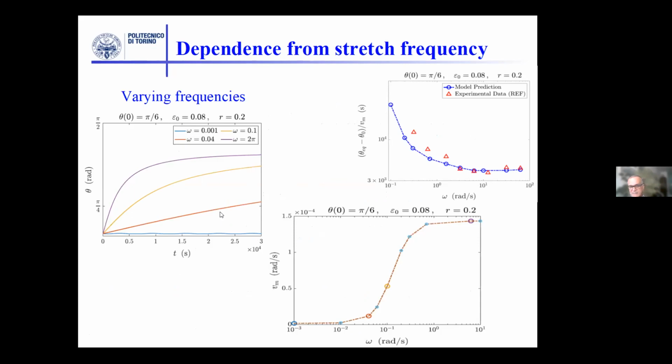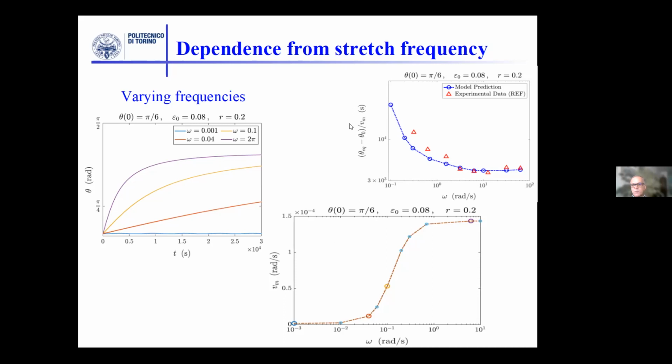So what happens if you solve that system? You find that if you change the frequency, you go to the same equilibrium. This can be proved theoretically, but for large frequencies, the time to get there is much shorter than when you lower the frequency. If this is too low, you don't see anything actually.